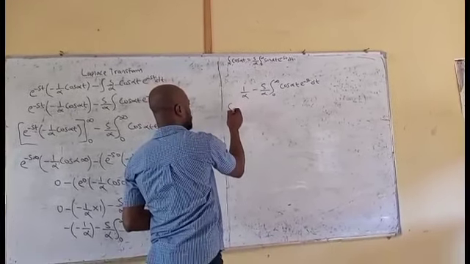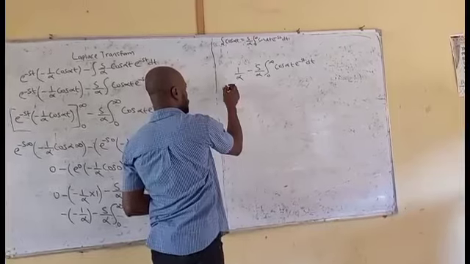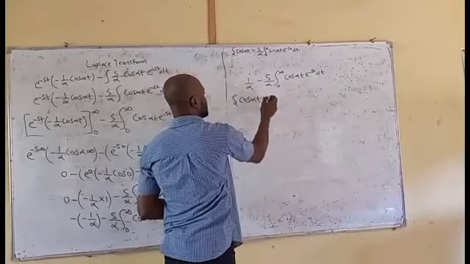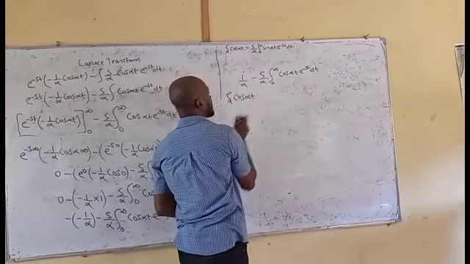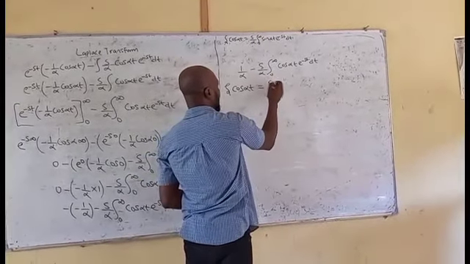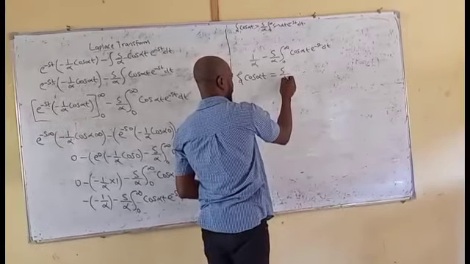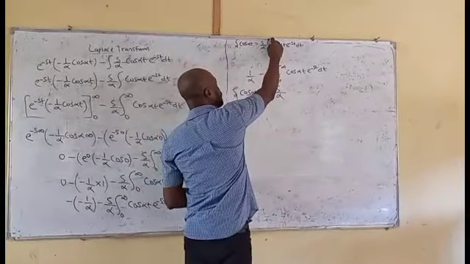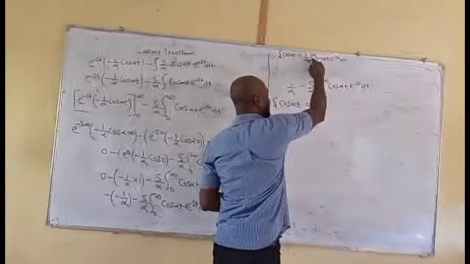We are still on the Laplace transform of cos alpha t. The Laplace transform of cos alpha t will give you x over alpha times the integral, and I integrated this.